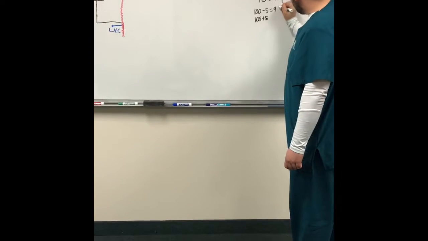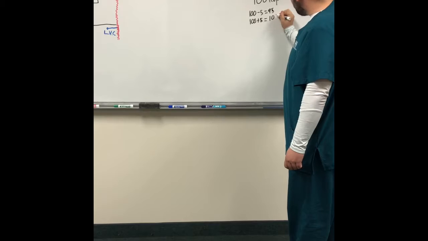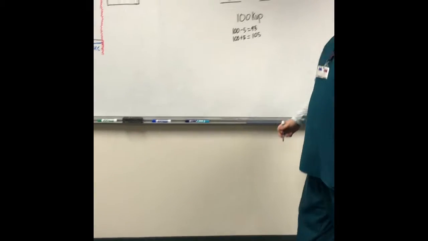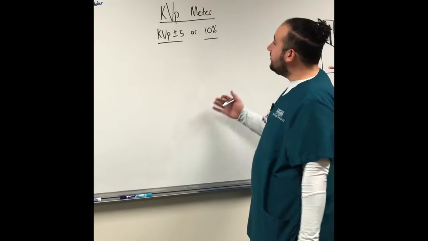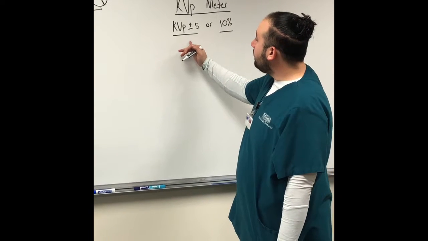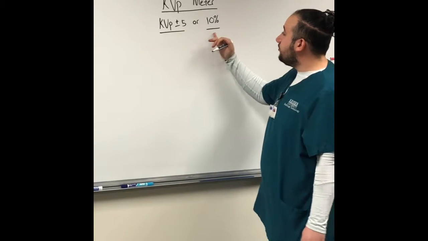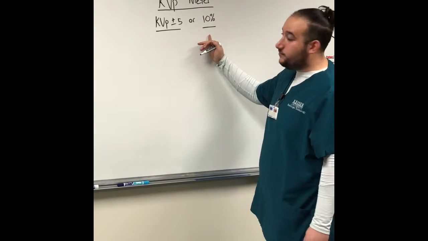So 95 to 105 is your acceptable range of KVP. So now that we discussed how the KVP meter can measure efficiency in either plus or minus 5 KVP, we'll talk about how it can measure it in plus or minus 10% of the original KVP.